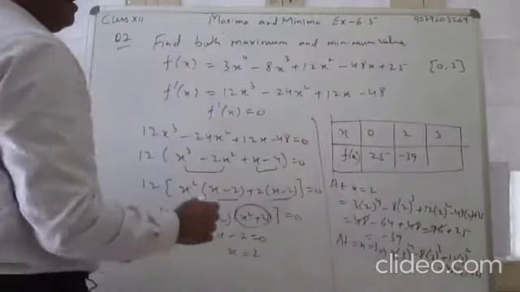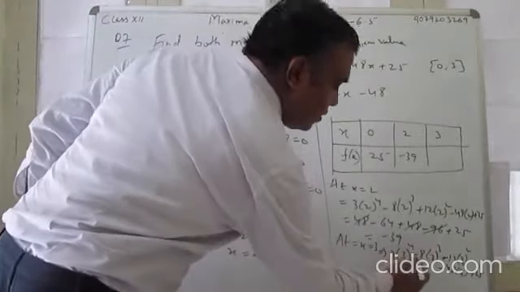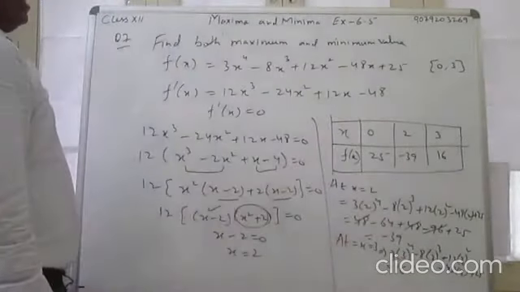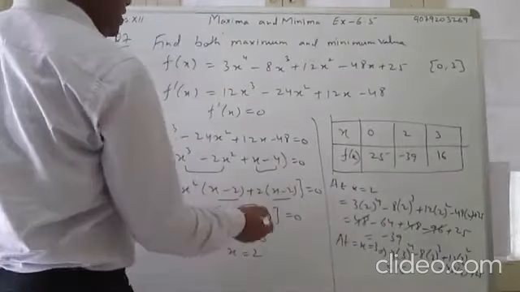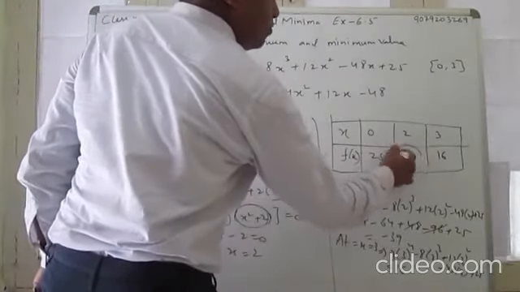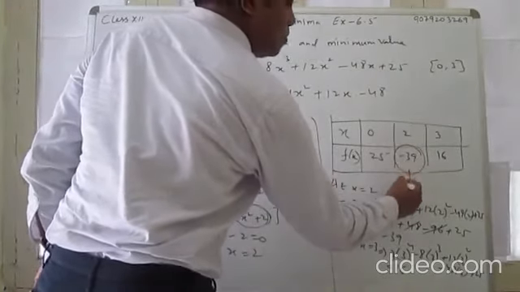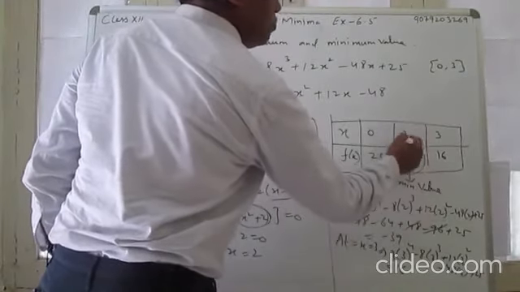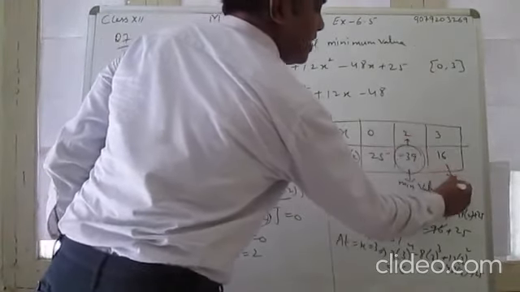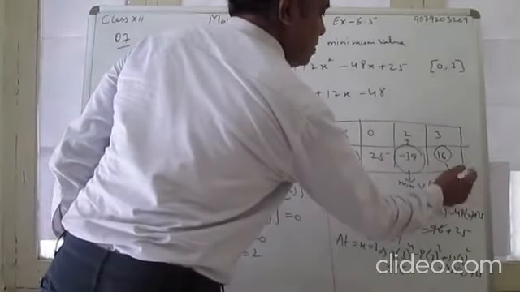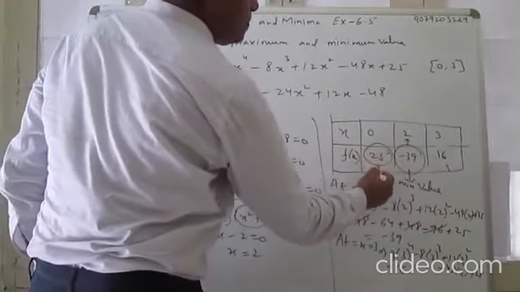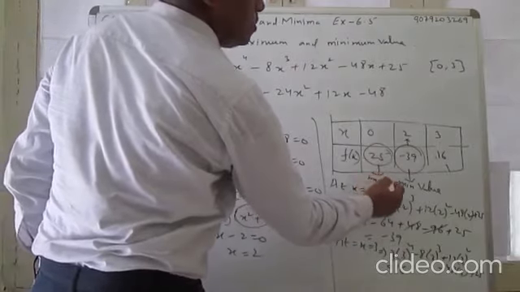If you solve it, you will get 16. So the minimum value is, this is the minimum value at x is equal to 2. This is the maximum value, this is the maximum value at x is equal to 0.